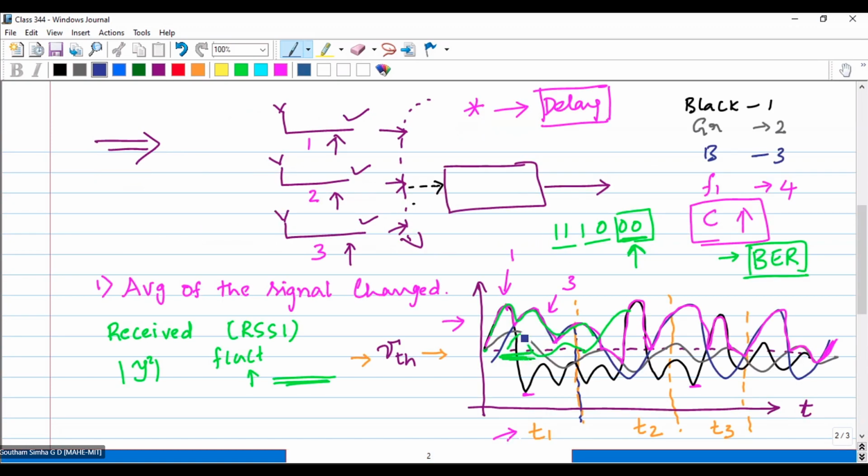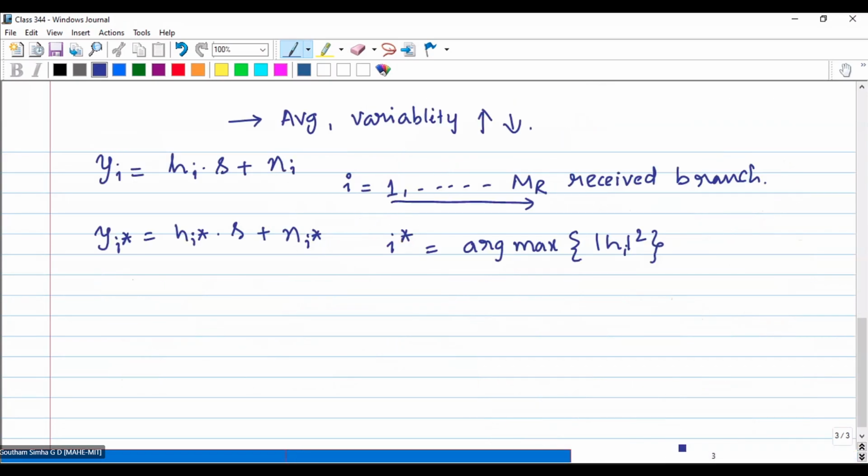What am I doing? The argument which maximizes this over all the branches. That is the physical insight. Hi square, that is the argument which maximizes h_i, the channel matrix, over all possible i. Select that branch based on the different values of h. Select that branch which is maximum, that is argmax.